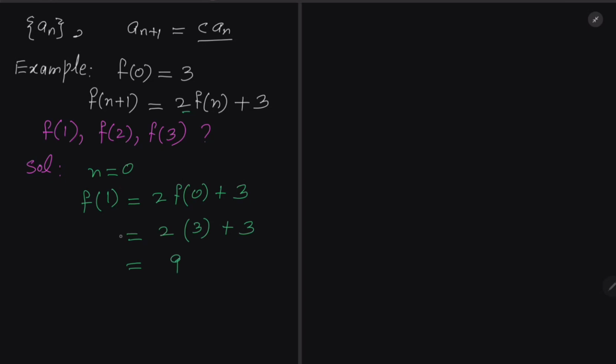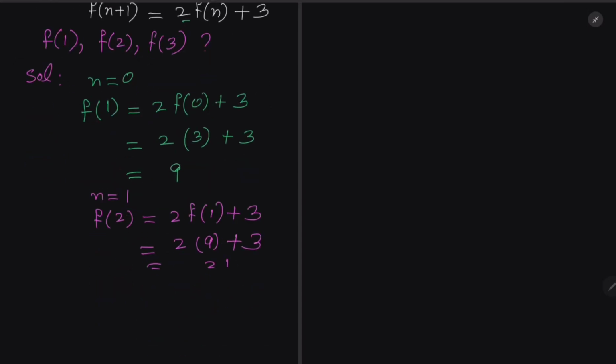3 times 2 is 6, plus 3, it is 9. Similarly, when n is equal to 1, f of 2 is 2 f of 1 plus 3. f of 1 is 9, so 18 plus 3 is 21.